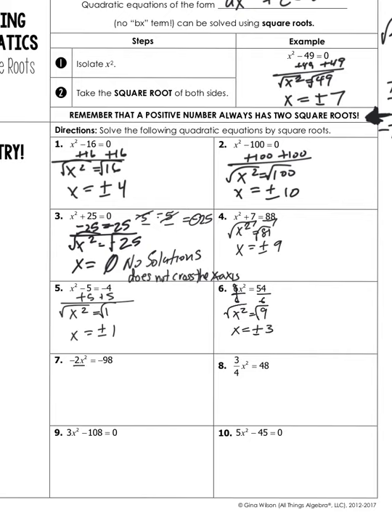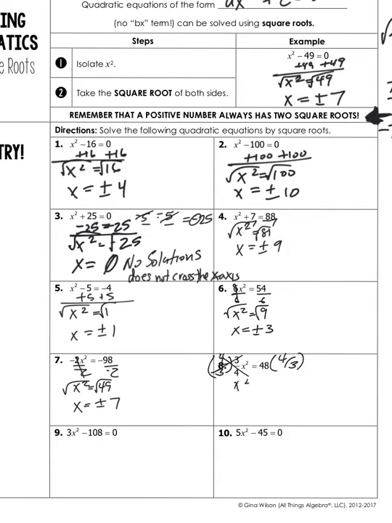Number 7, divide by negative 2 to isolate the x squared term. X squared equals positive 49. Take the square root. X equals plus or minus 7. Number 8, in order to get rid of a fraction, we multiply by the reciprocal on both sides.